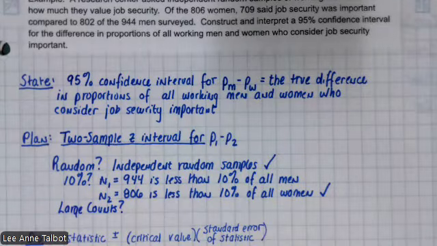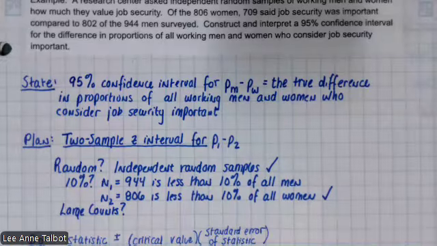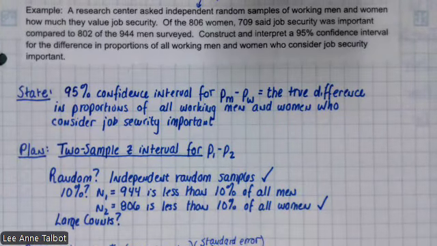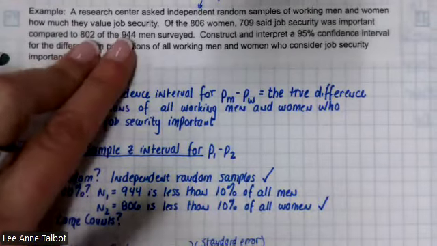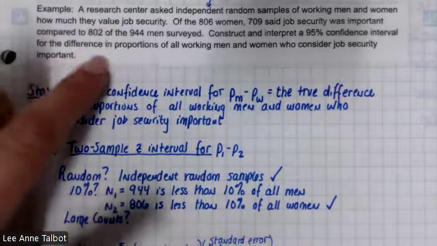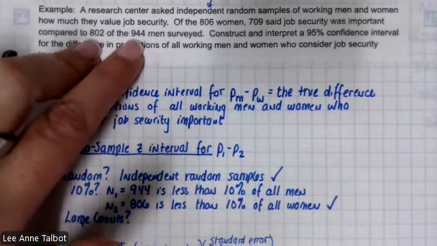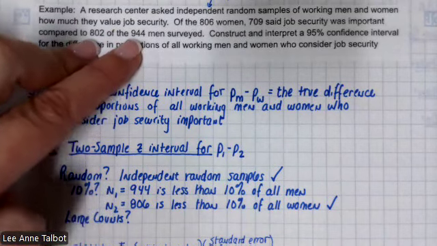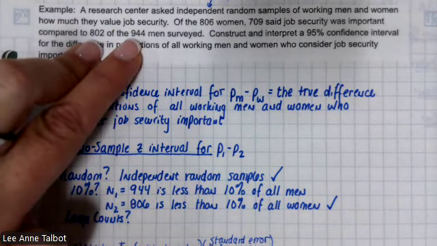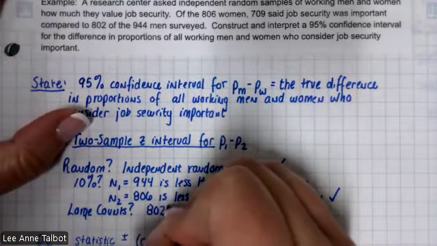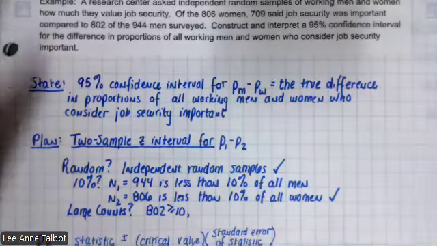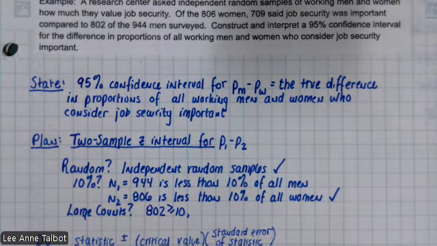All right. Now for large counts, we need four numbers. If you guys want to do N times P, all of that, you can. I'm not going to. I'm going to do successes and failures because that's what you would get. So let's start with the men, which is here. How many successes are there? And I don't mean successes as in a good thing. I just mean a yes or an affirmative. How many? 802, right? Okay. And then how many failures would there be?